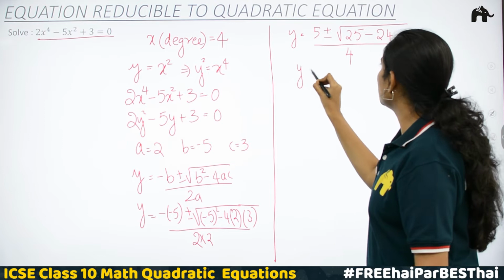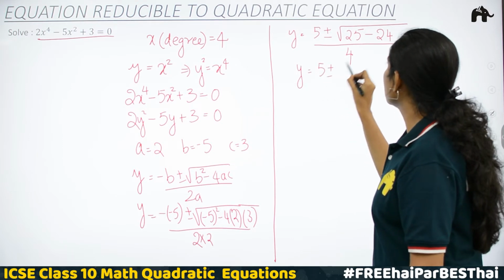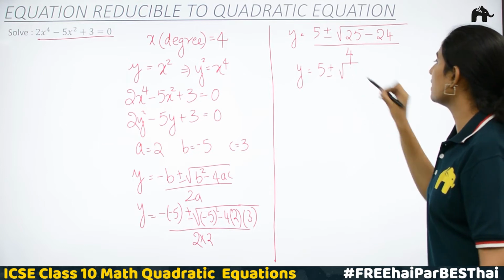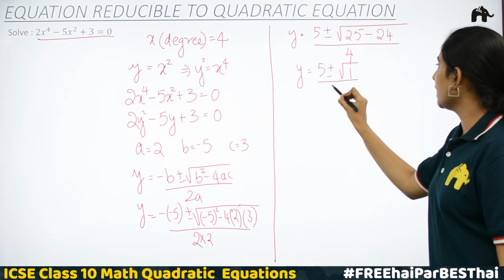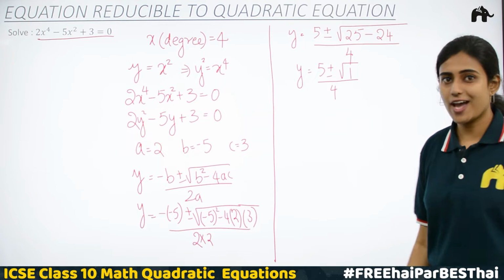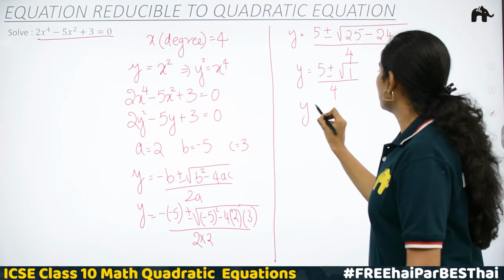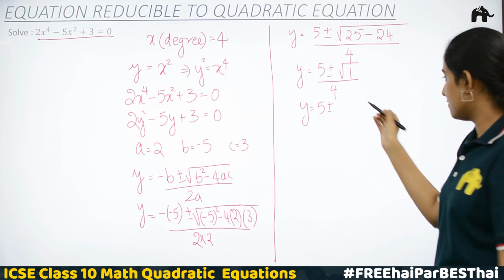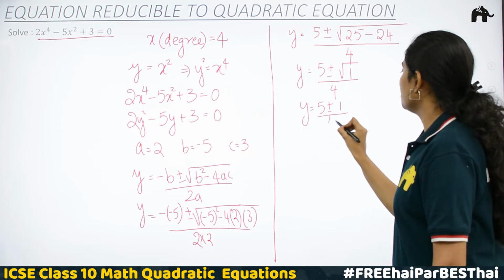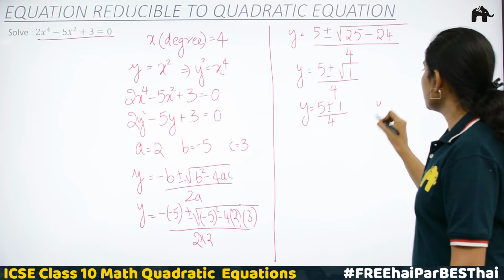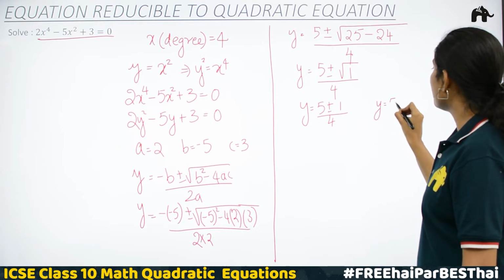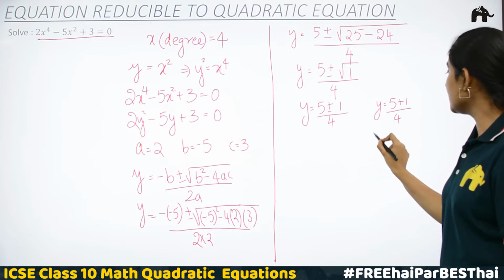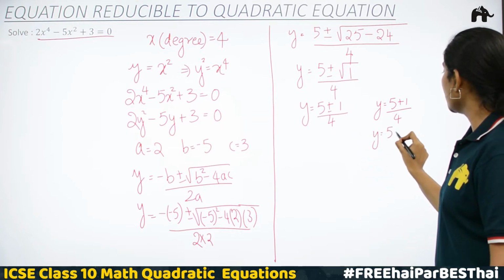Y is equal to 5 plus or minus root of 25 minus 24, that is root 1 divided by 4. We are about to get the value of y. Y is equal to 5 plus or minus, what is root of 1? 1 divided by 4. Y is equal to 5 plus 1 by 4 or y is equal to 5 minus 1 by 4.